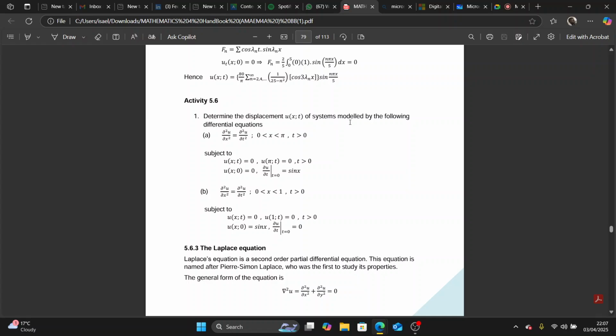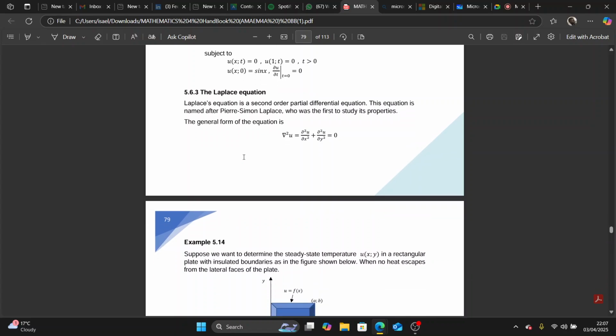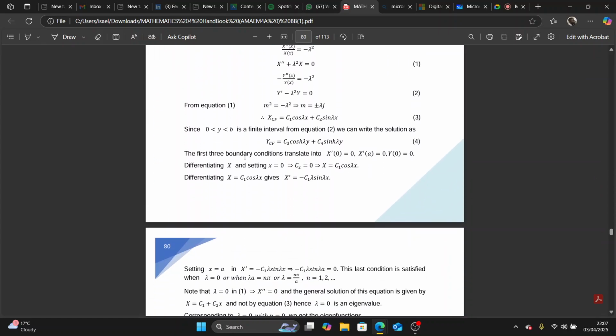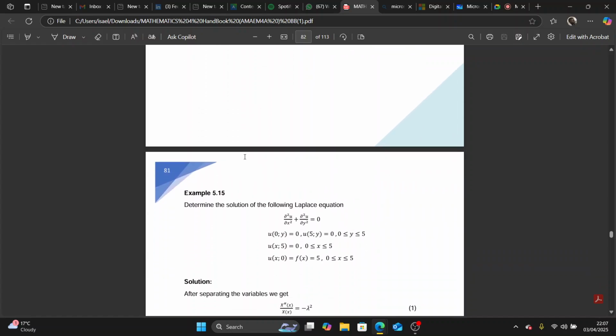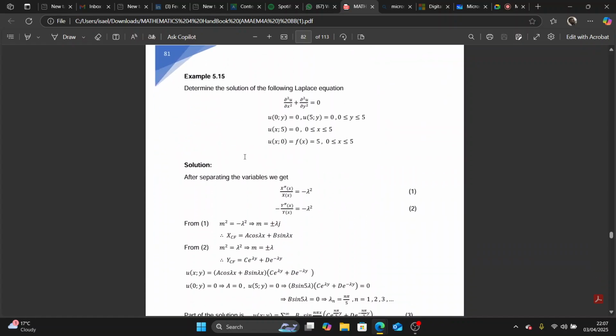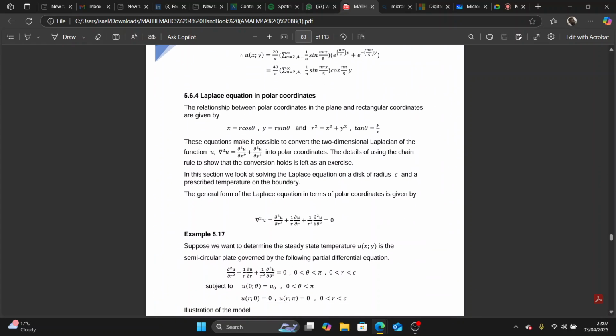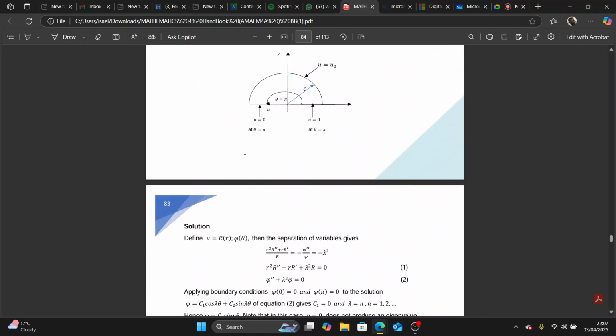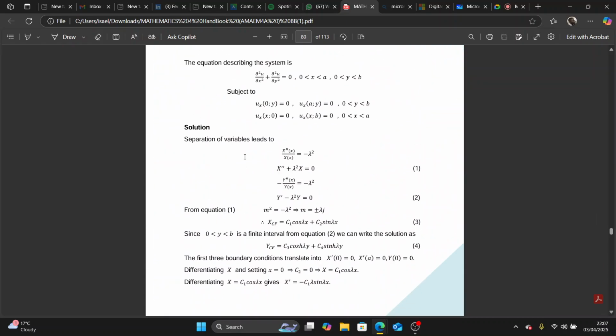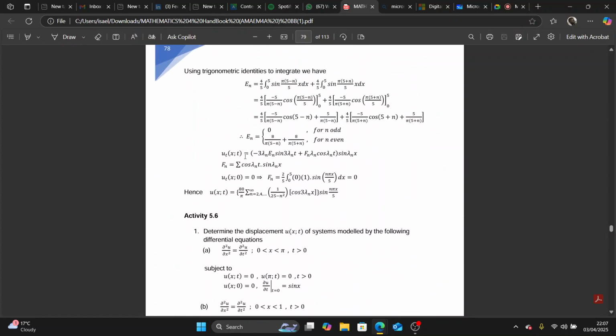From this problem here, determine the displacement of the model following the differential equation. Where is the heat equation problem? I'm seeing the wave equation, Laplace. We're also going to be doing wave here, it's heat and wave.